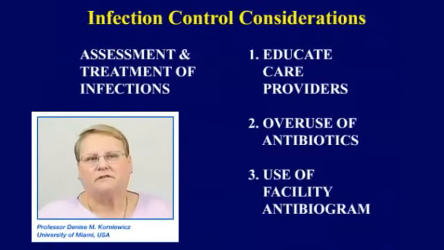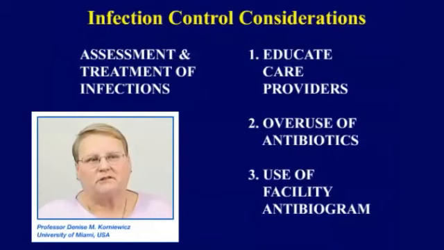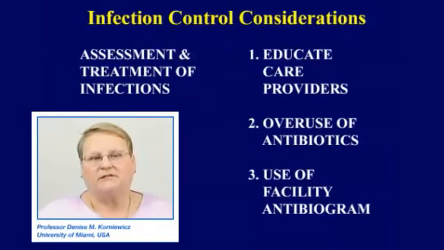There are some infection control considerations for surveillance that are very important, associated with gloving and also with surgical site infections. One is that we have to assess and be able to treat infections, and therefore we have to educate the care providers. We have to understand overuse of antibiotics, because using prophylaxis is good, but overusing antibiotics isn't good, because then individuals become resistant.